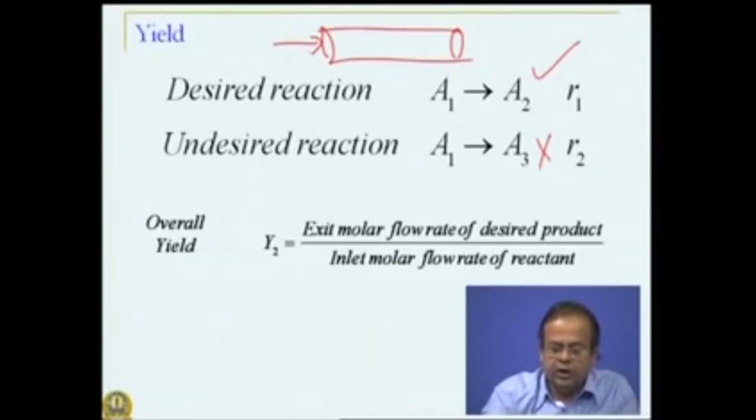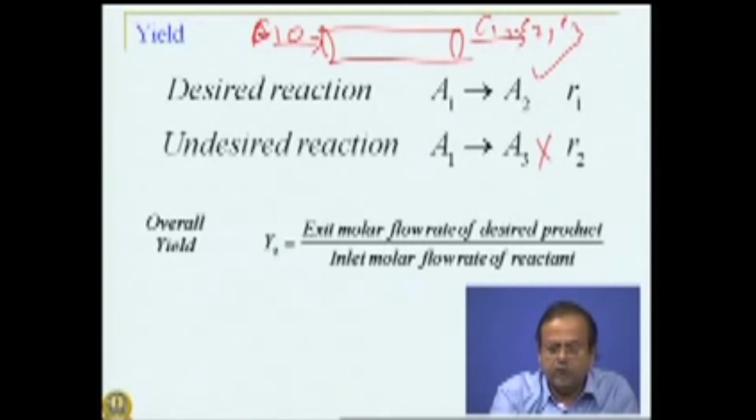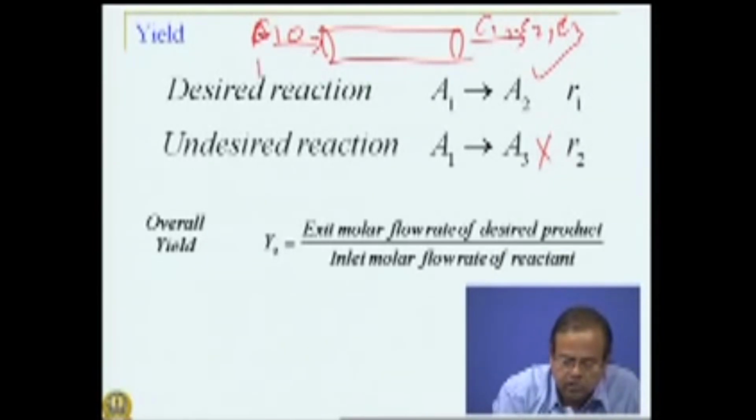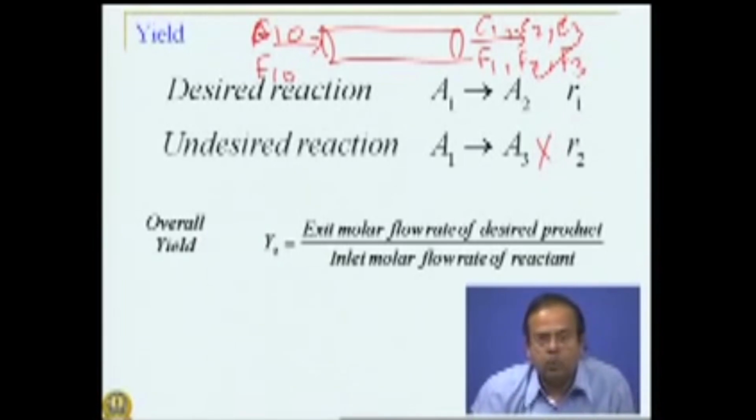We are feeding a reactant A1 over here. Let us say the concentration is C10 and we are getting C1, C2, C3, that is concentrations of A1, A2, A3, or if you do not like concentrations, the molar flow rate F10, then molar flow rates F1, F2, F3 of species that are coming out.